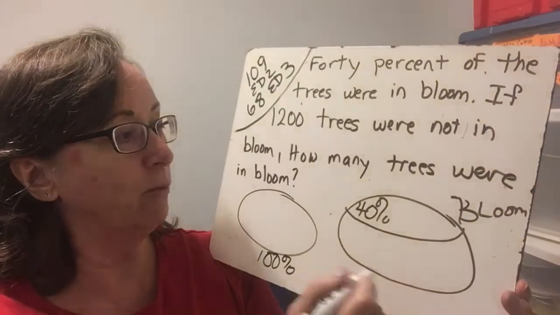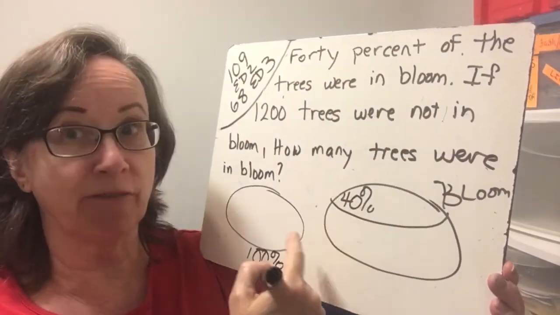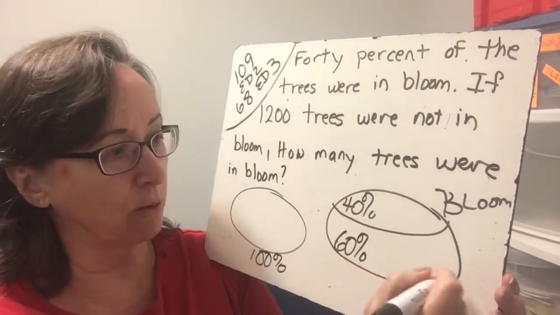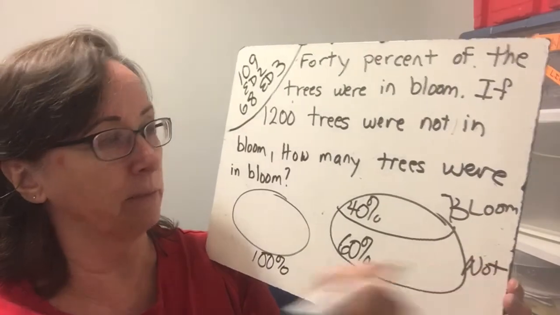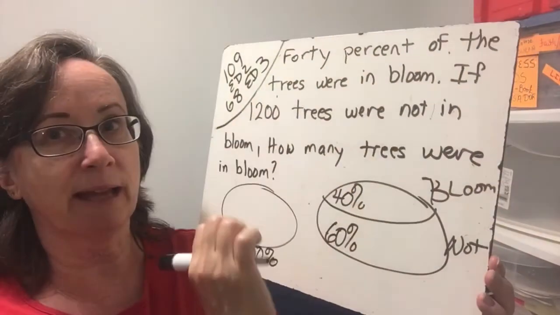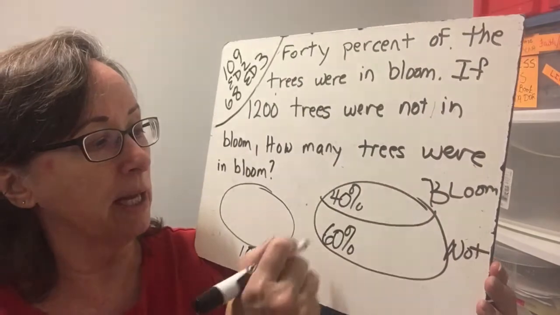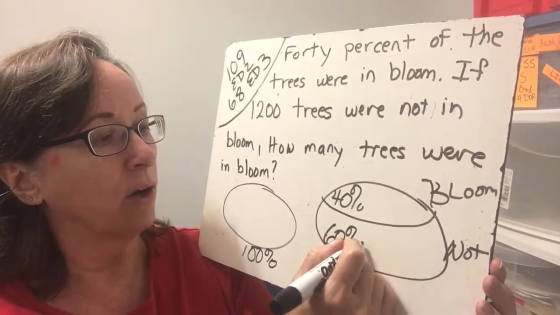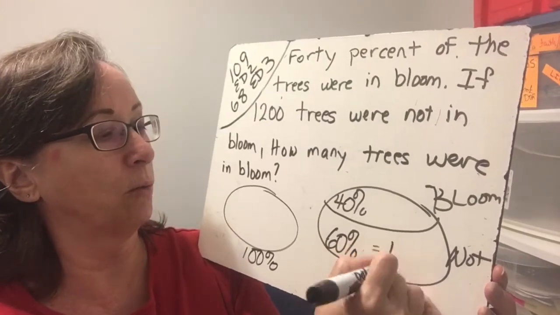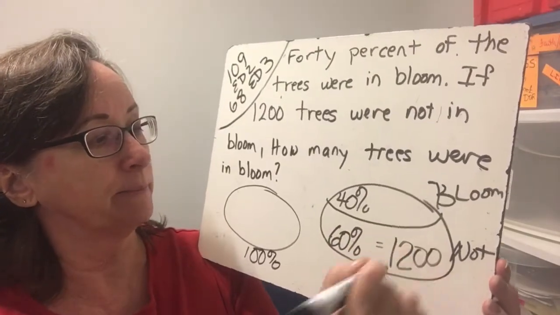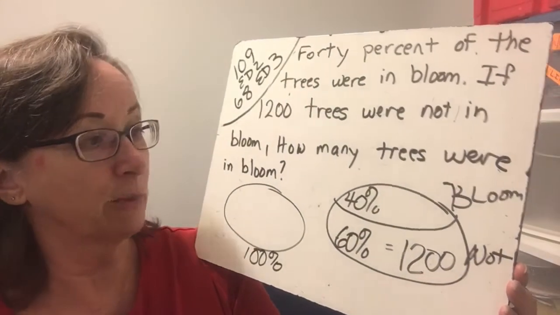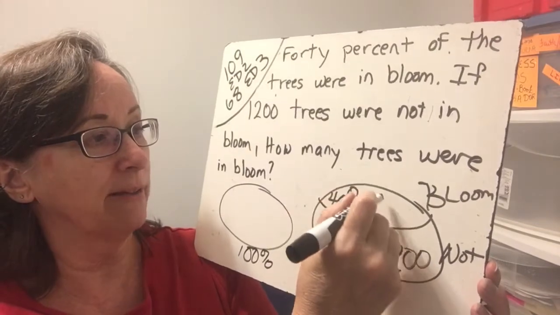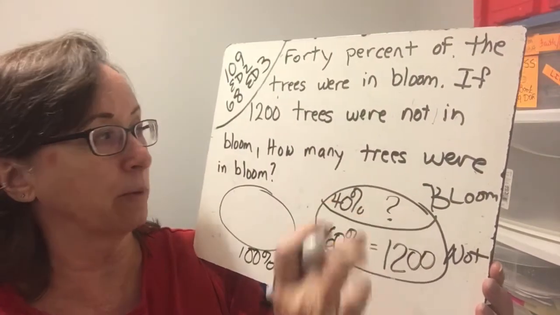That would mean that 40 from 100 would be 60% of the trees would not be in bloom. And we know that 1,200 trees were not in bloom. So 60% of all the trees were equal to 1,200 trees. So how are we going to find out the number we're looking for?